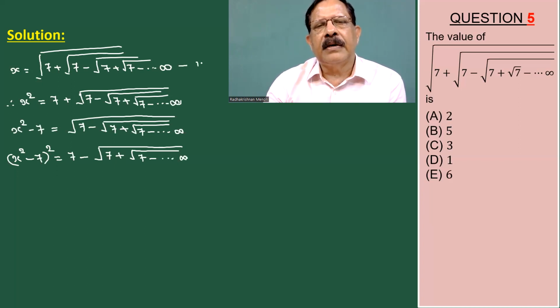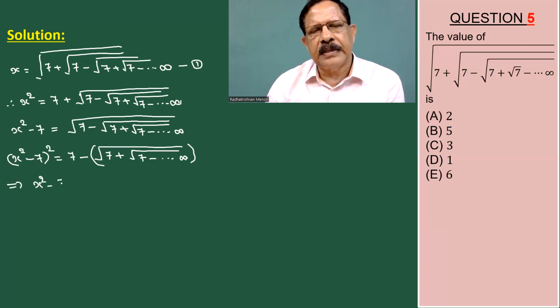Now let the first equation be equation 1. So this expression is x from equation 1, which implies x squared minus 7 the whole square is equal to 7 minus x.